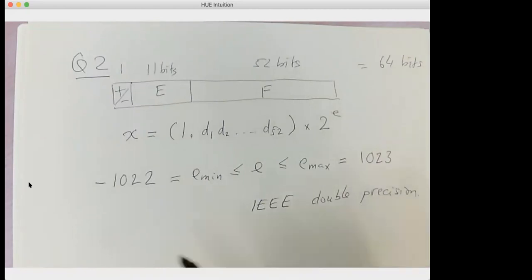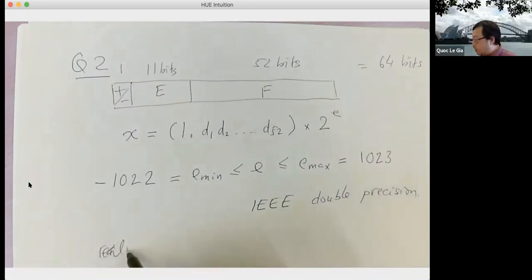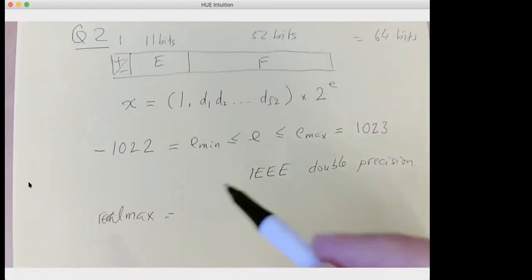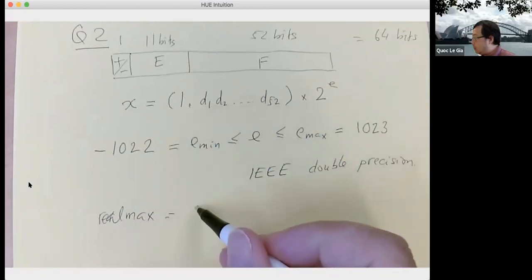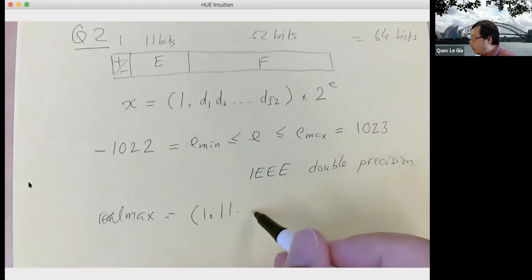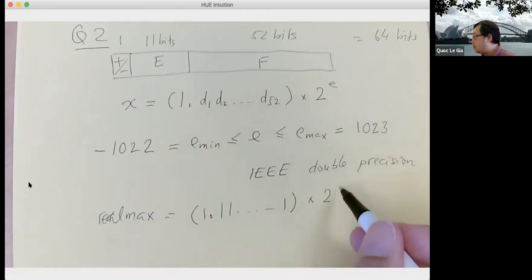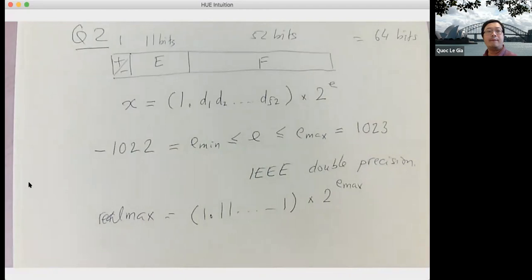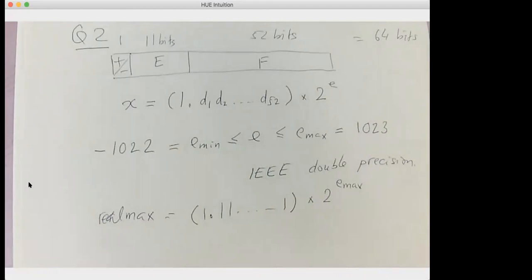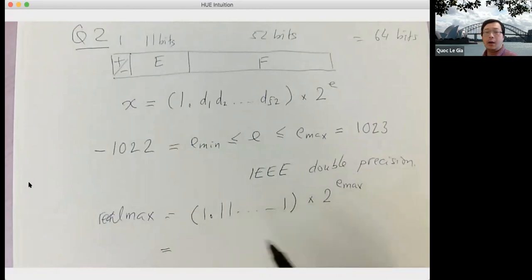Now real max. The consequence is real max will equal, you turn on the bits to 1, so 1, 1, 1, 1, 1, 1, 1, 1 to the very end, times 2 to the E max. So what is the expansion in terms of decimal?